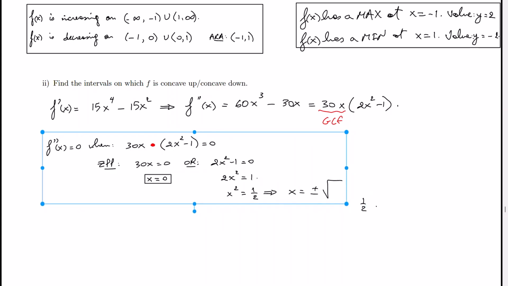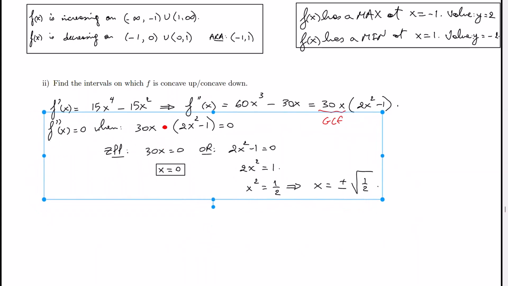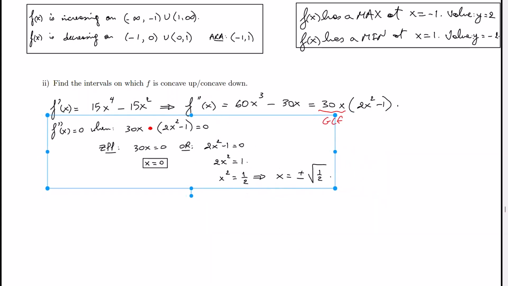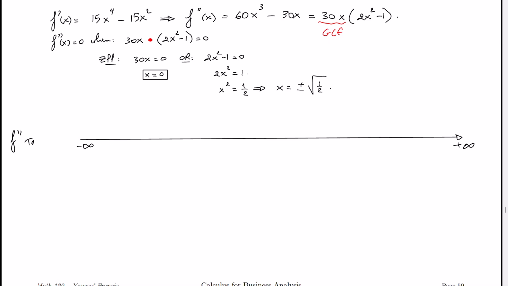So once I found the second derivative, what I'll need to do is make the number line and test some values inside of each interval to determine the concavity. So here's my number line. This is all the numbers in my domain, and my domain starts at negative infinity and ends at positive infinity. Remember, this is the second derivative test, so I'll write f double prime test off to the side so we can remember that this is the second derivative that we're working with, not the first derivative.